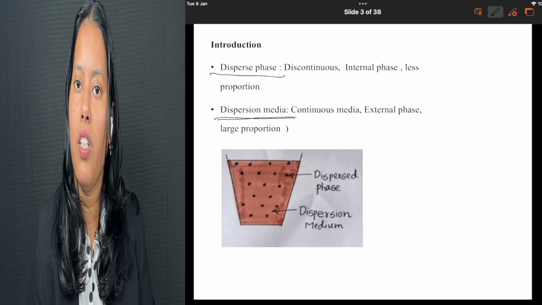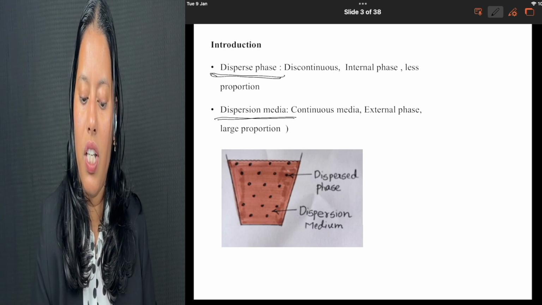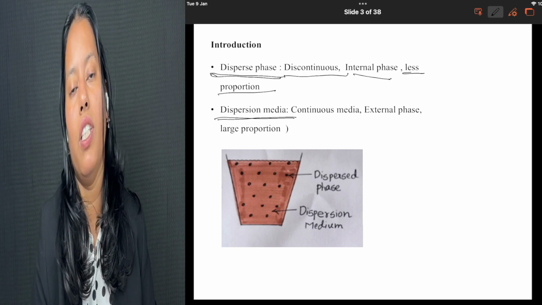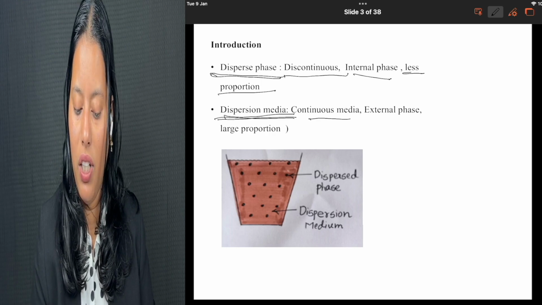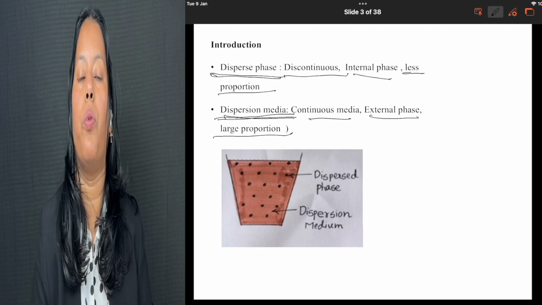So in case of this salt water, your salt becomes the disperse phase, which is discontinuous, an internal phase and less in proportion. Whereas your water becomes the dispersion media, which is continuous, an external phase and large in proportion.